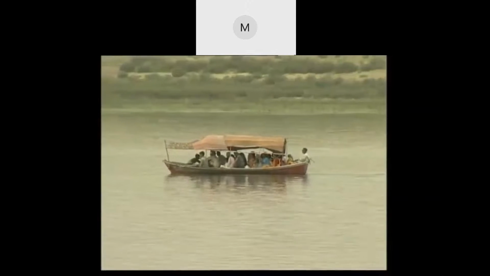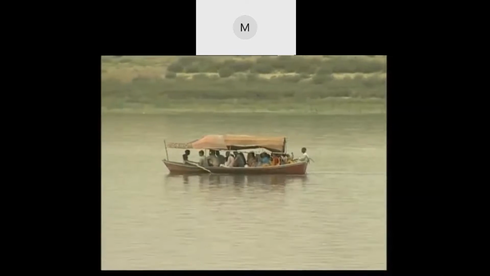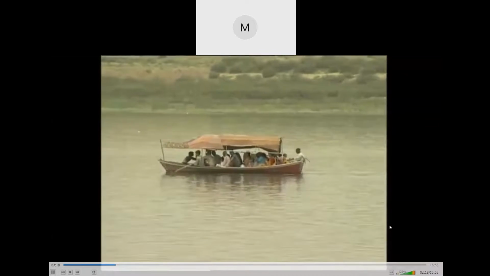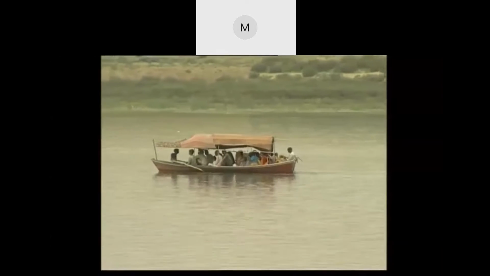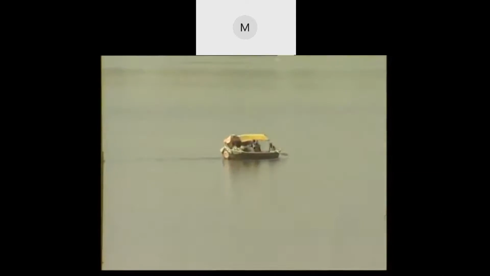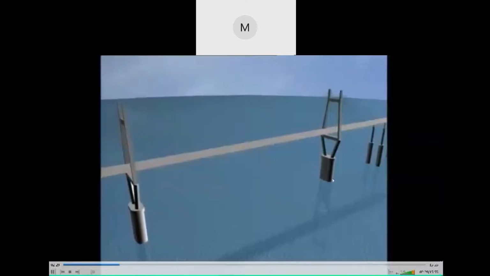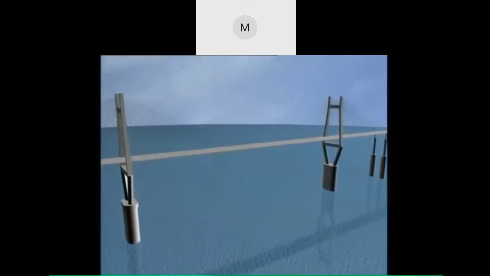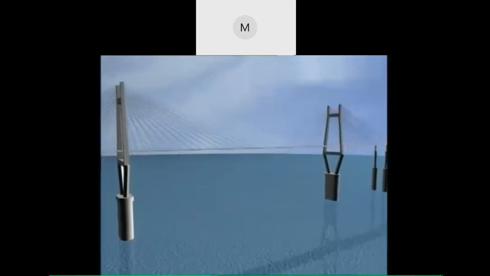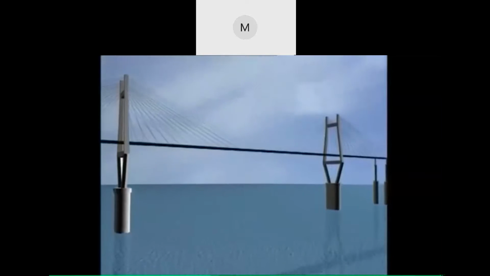The river Yamuna is still extensively used for navigational purposes by local people. Hence, another challenge before NHAI was not to disturb the navigational use of the river. NHAI, therefore, decided to opt for a cable-stayed bridge, as it provides wider navigational passage.